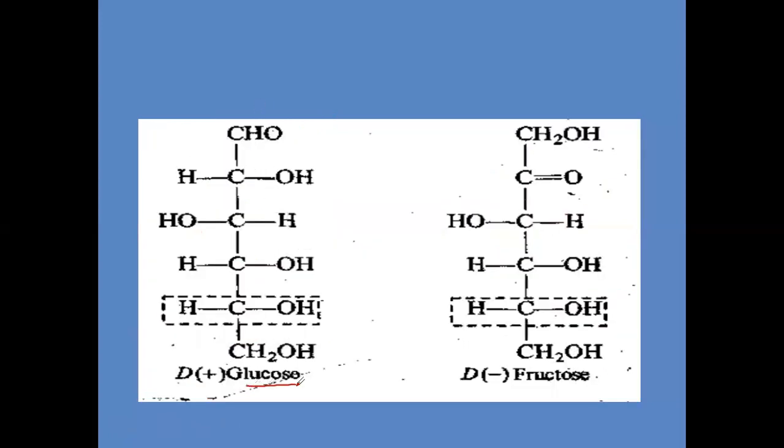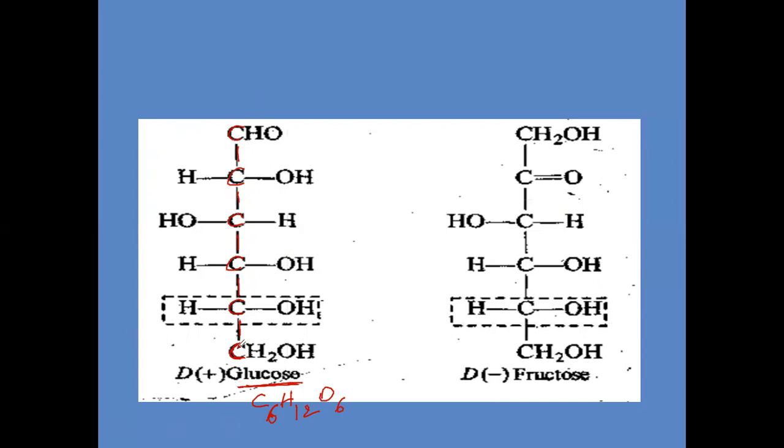Next, if you take the glucose molecule, the formula is C6H12O6. Here 6 carbons are directly linked, C bond C bond C bond C, that is, 6 carbons directly attached to each other. So it is a 6 carbon chain.